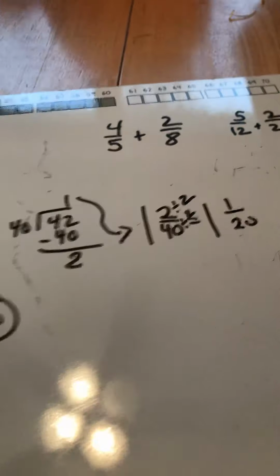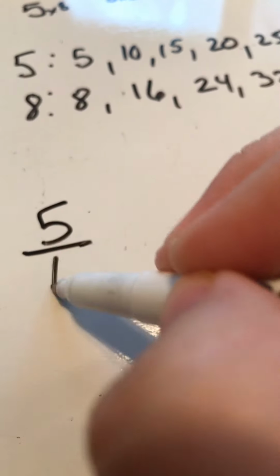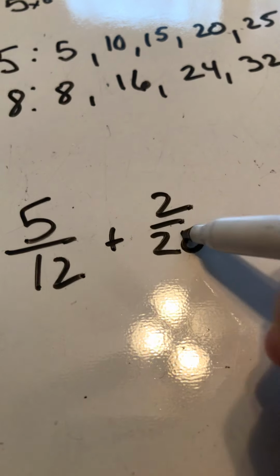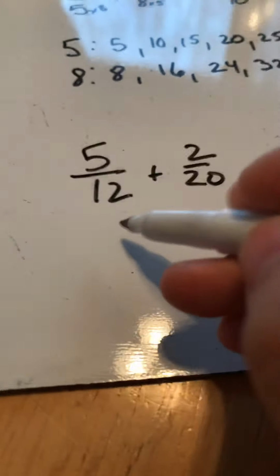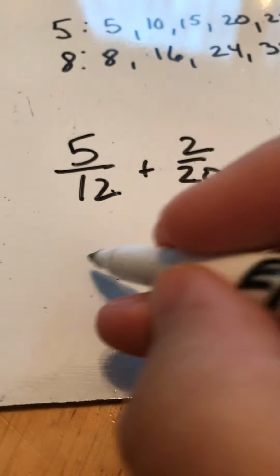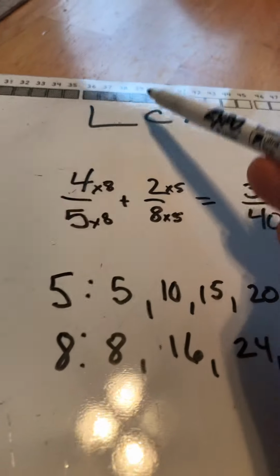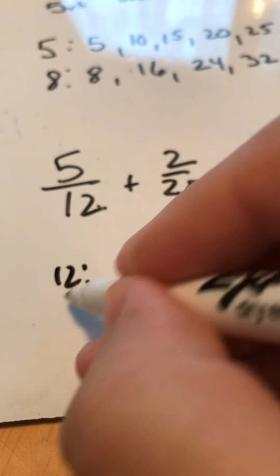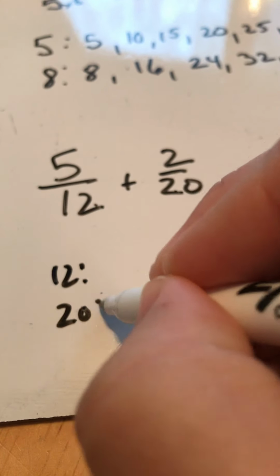All right, let's do one more from last week, and that would be 5/12 plus 2/20. So this one's a little bit larger. So again, we do not have common denominators, so I can't proceed until I get that least common multiple. So I'm going to multiply out both my denominators. I'm going to do that skip counting.